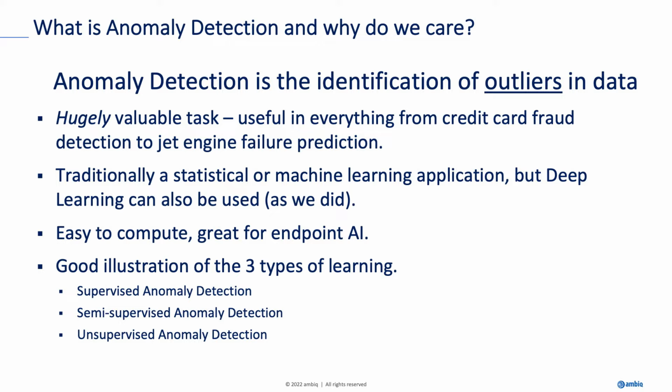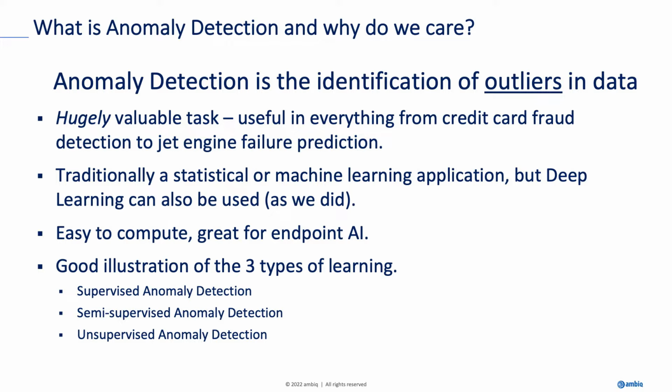Traditionally, anomaly detection was used to get rid of outliers. Like you're a scientist or a statistician, you don't want the curve to be fitting into all those weird points. But it turns out that outliers are very important, and so now we view them with value. And it is a hugely valuable thing to do in AI.